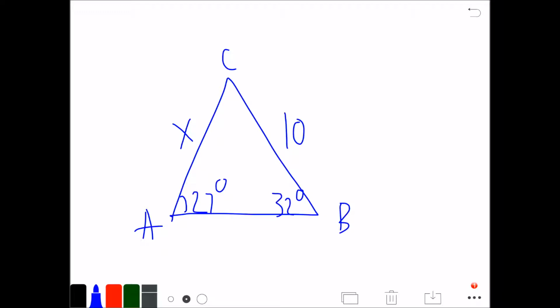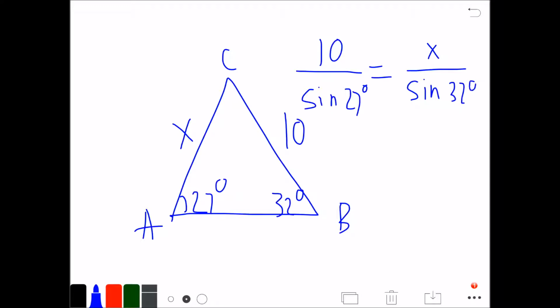So how would you find x if you set up your ratio? They give you angle A and they give you side A, since this side 10 correlates to the angle A. So I can set up 10 over the sine of 27 degrees equals, and since they give you angle B and this x correlates to angle B, x over sine of 32.